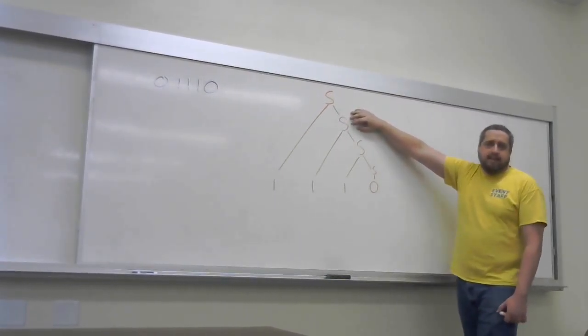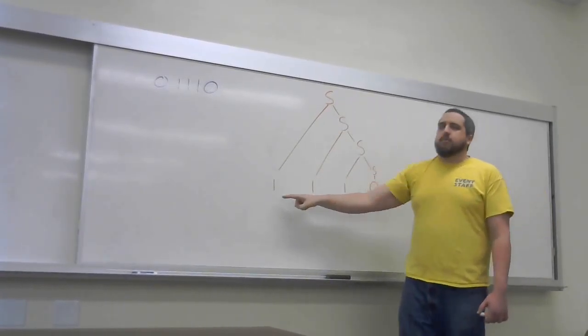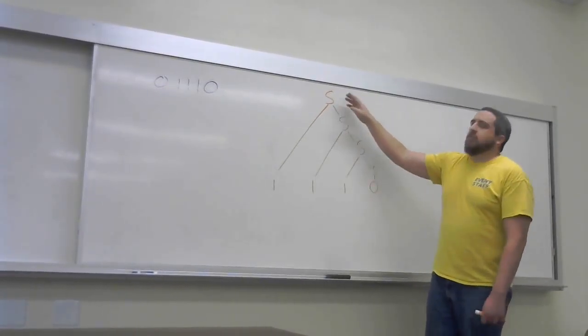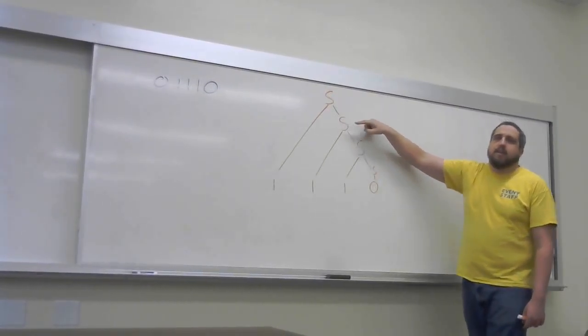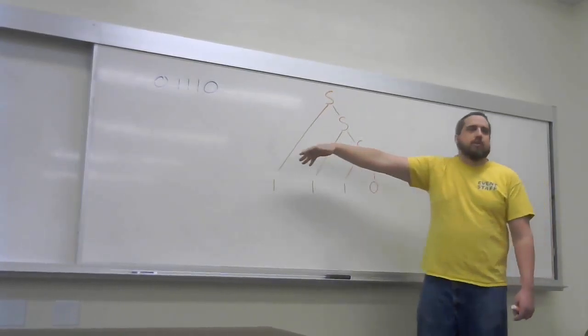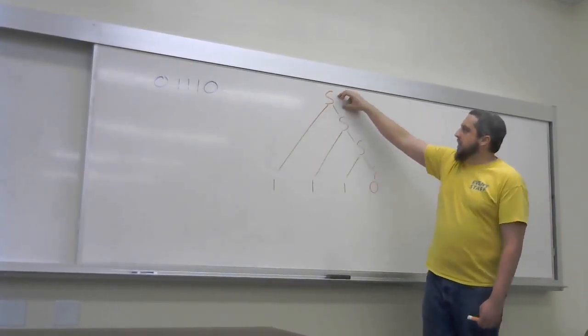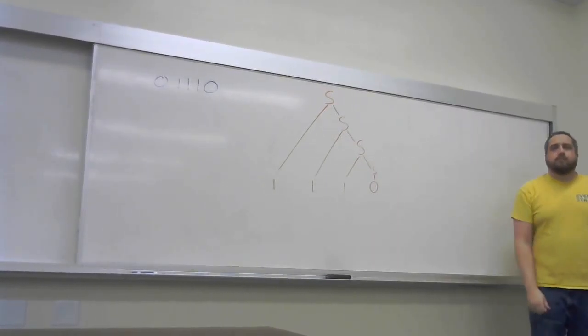Everything that's non-terminating is inside the tree. All terminating symbols come down to the bottom. All non-terminating symbols are on the inside. And so we can see that the S flows down on the inside, and then the terminating symbols make up the bottom. So this is apply rule 1, rule 1, rule 1, rule 2, and we get that. Right?